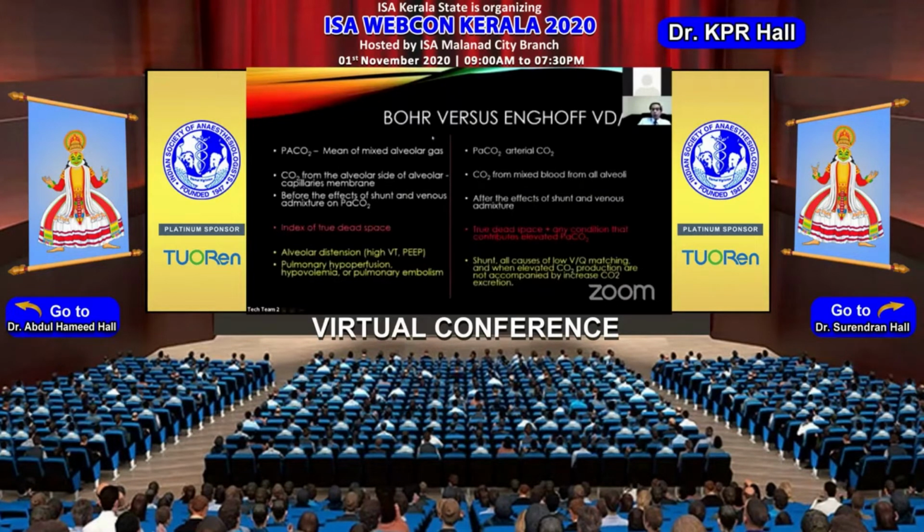So, Bohr versus Enghoff's physiological dead space, what are the major points? In Bohr's physiological dead space, we use alveolar PCO2, whereas in Enghoff's modification, we use arterial PCO2. Here we use the CO2 from the alveolar side of the alveolar capillary membrane, whereas here the CO2 is from the mixed blood from the alveoli, so it is the other side of the alveolar capillary membrane.